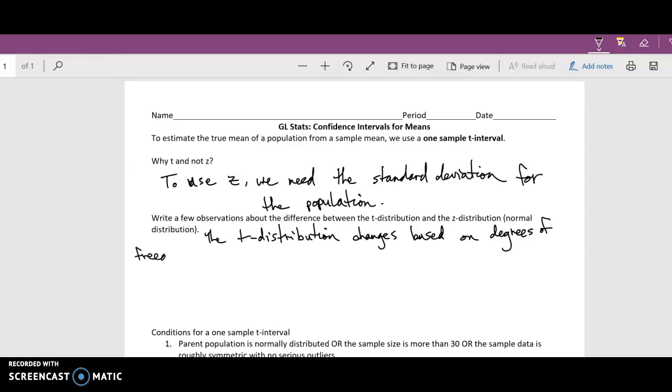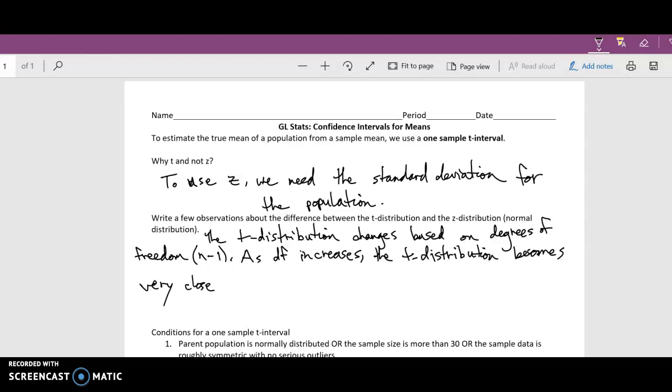And degrees of freedom is a sample size minus 1. As these degrees of freedom increase, the t distribution becomes very close to z.